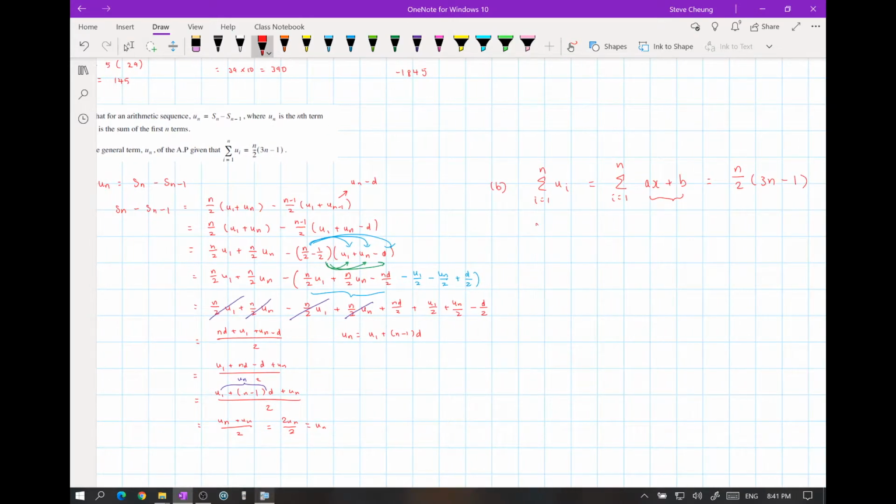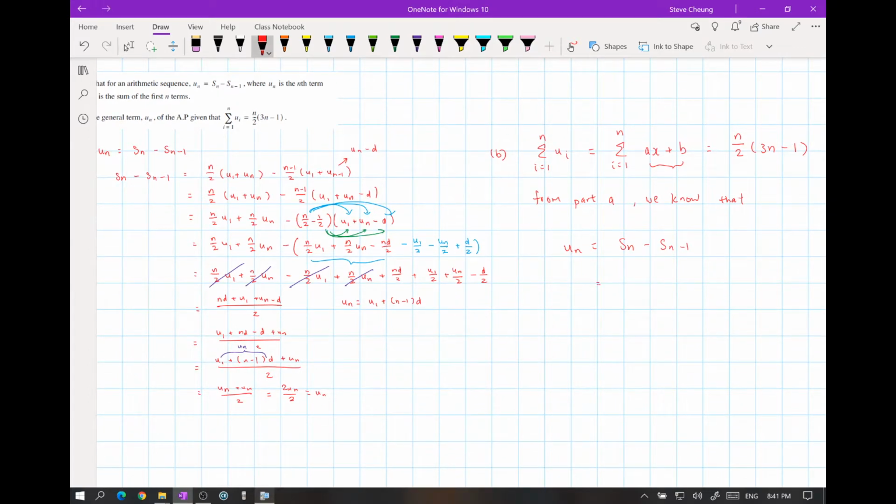So from part A, we know that u sub n is Sn minus Sn minus 1. But Sn, using summation notation, is just that. And then from this, it's just that.